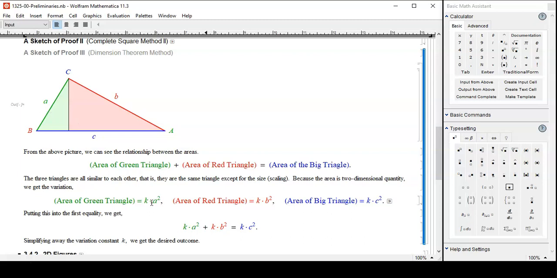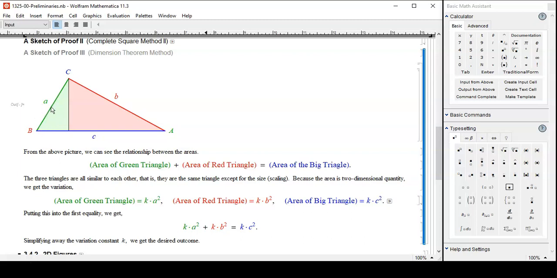See? So that's why it's proportional to a square. And then this red area is going to be proportional to b squared. Again, the area is a two-dimensional quantity, and this is a side, which is one-dimensional, so we need the square. And this one, c squared. See?